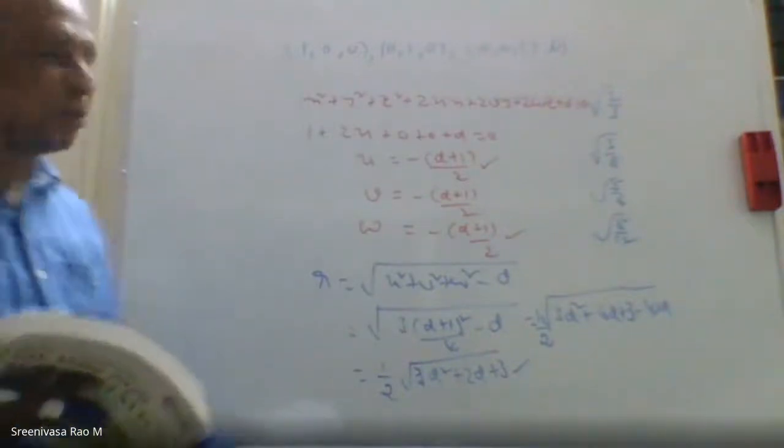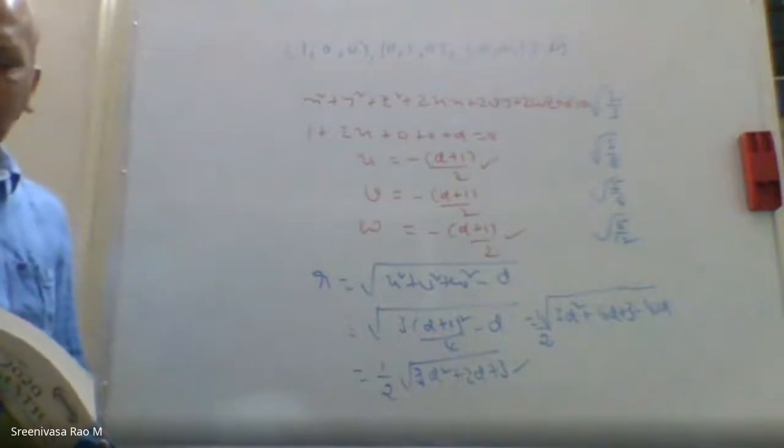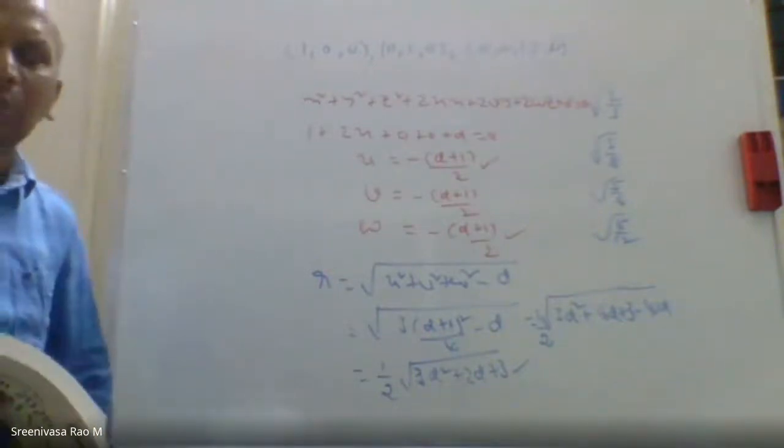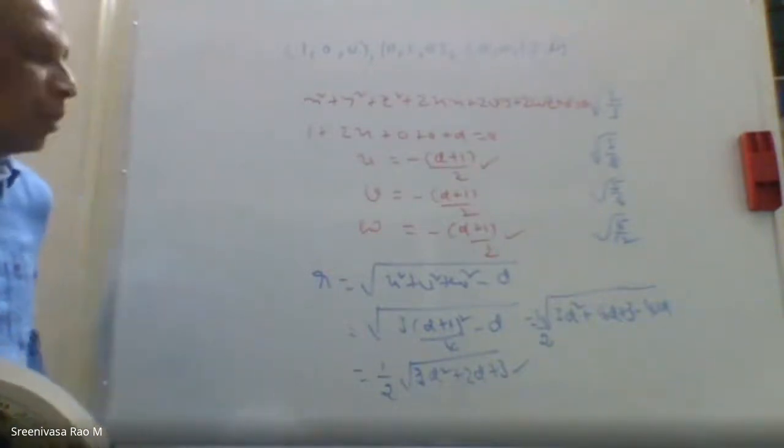So how can you decide about the minimum? What procedure can you write to find the minimum value of this?